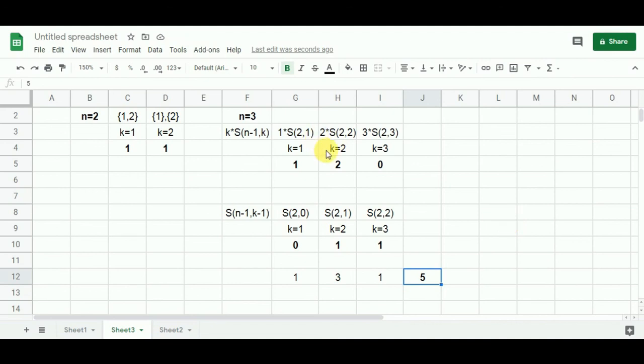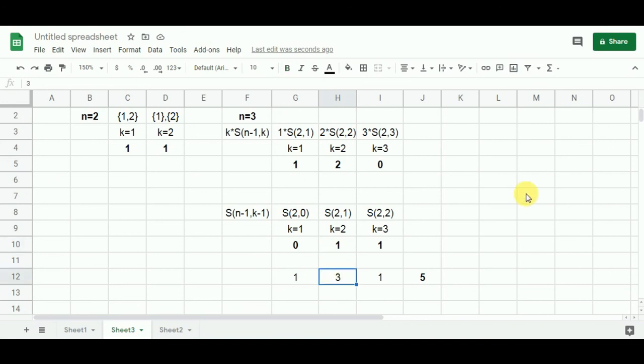The beauty of this recursive relation is that we can also determine how many ways there are to partition a set of 3 integers into 2 partitions. So for k equals 2, the value is coming out as 3.